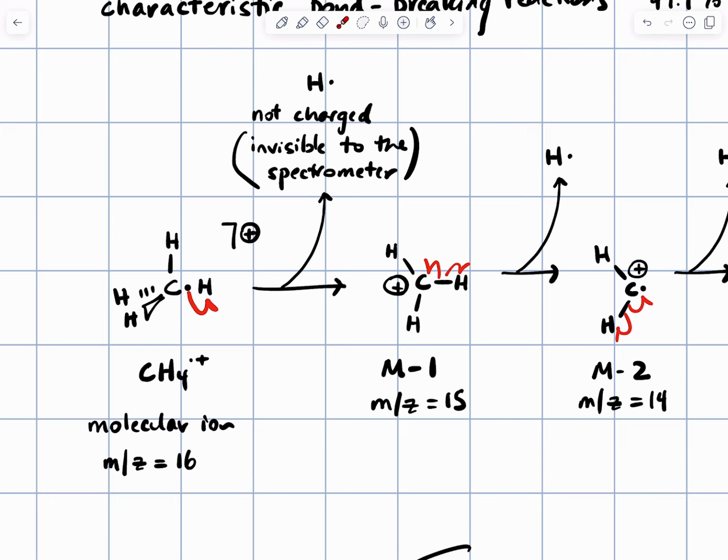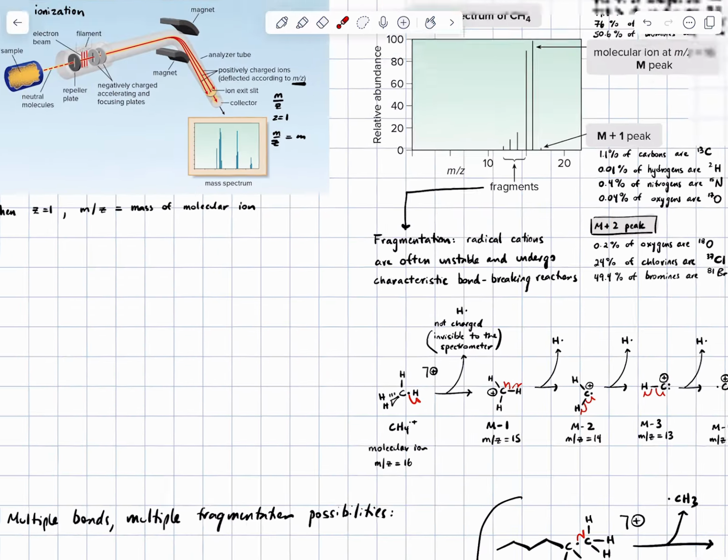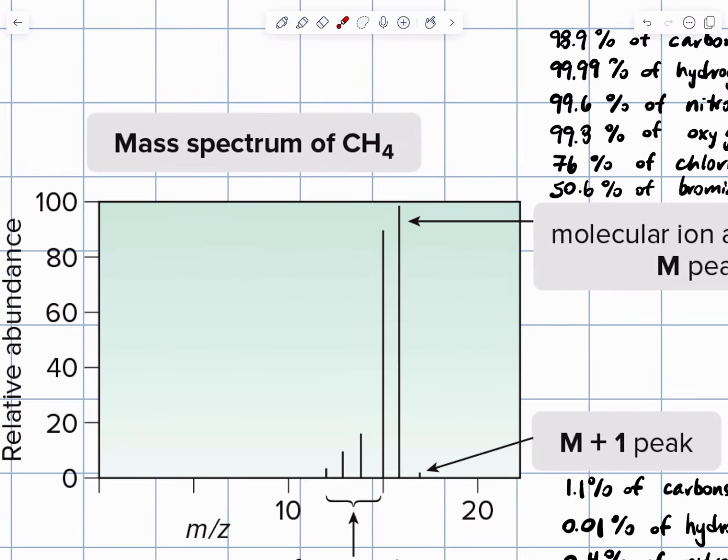Now that's neutral, and what's left behind is CH3+, methyl cation, which should have an M/Z of 15. Okay? So when you see that M over Z of 15 peak right here, that's methane that's lost a hydrogen atom.